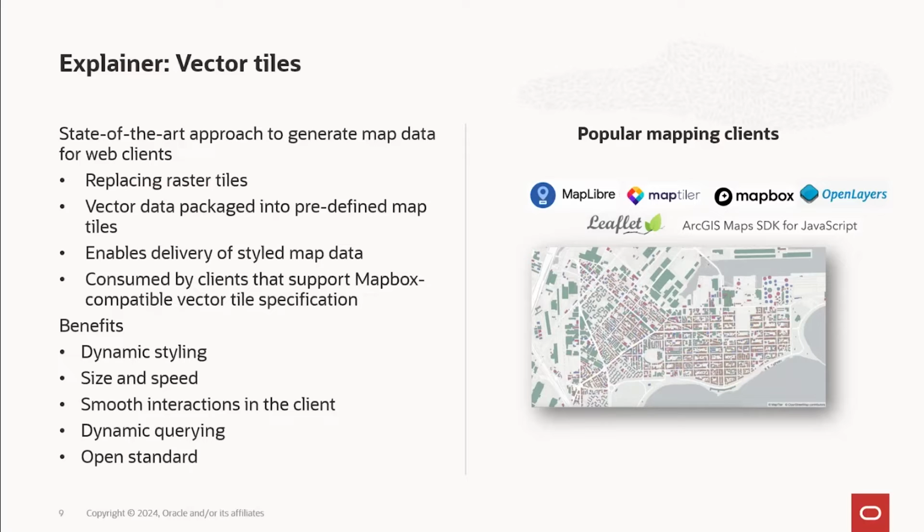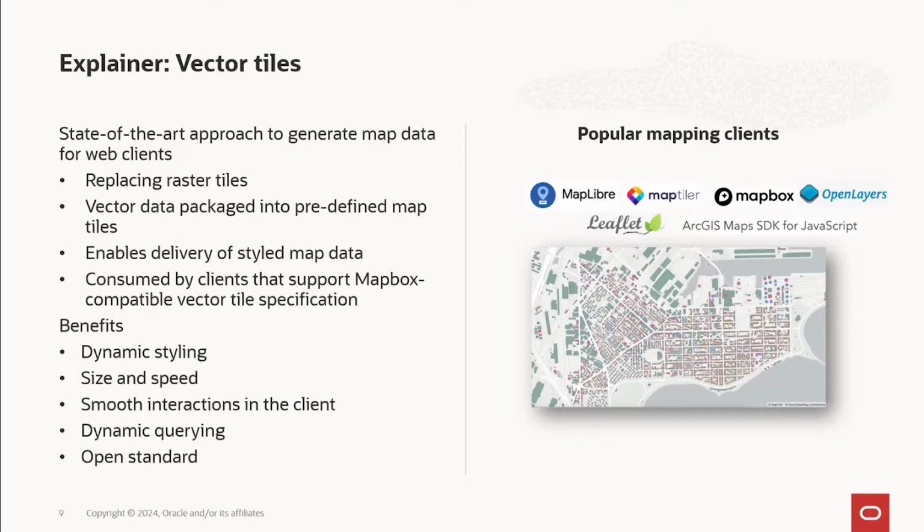The Mapbox guys who developed this have essentially made it open source or open standard, so there's tons of clients really using this kind of approach. Benefits are pretty simple. Because you have access to the vector data and the style information, you essentially have everything in your client.